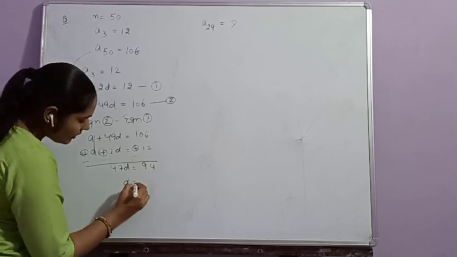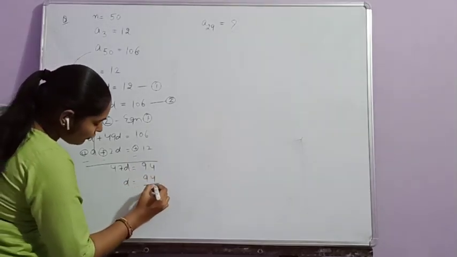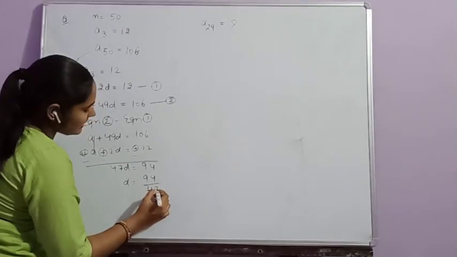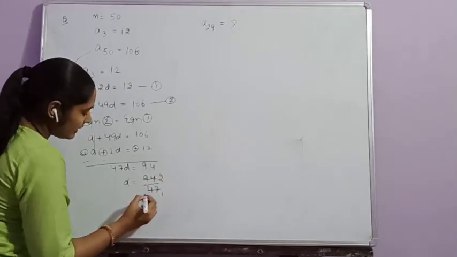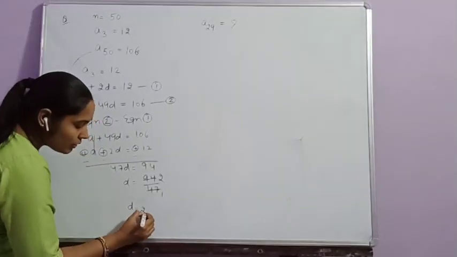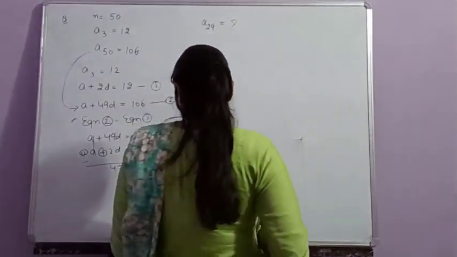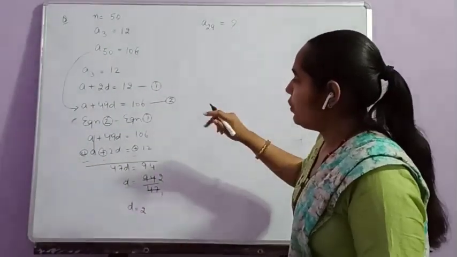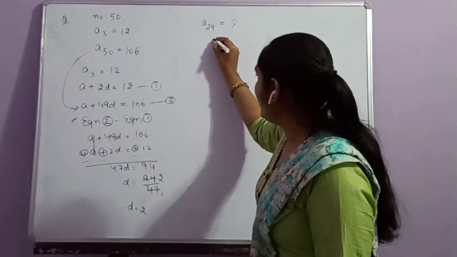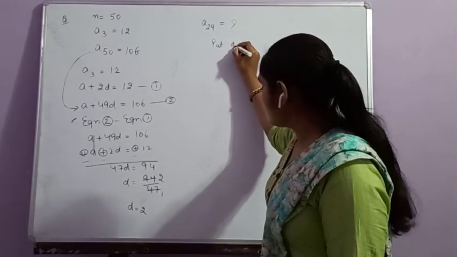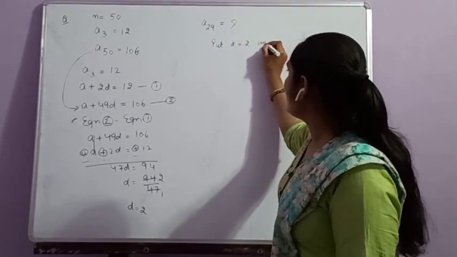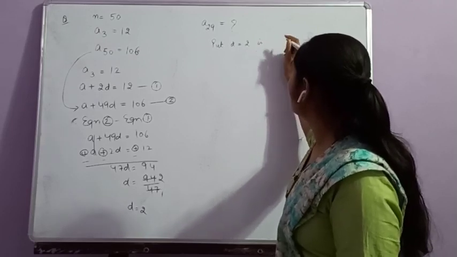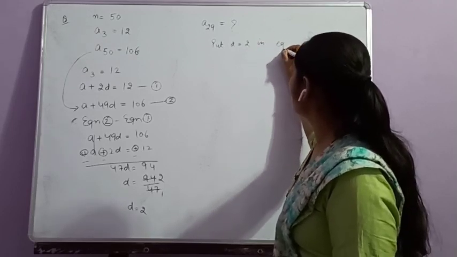D is equal to 94 divided by 47. 47 2s are 94. So the value of D is equal to 2. By putting the value of D in equation 1, we can find out the value of A. Put D is equal to 2 in equation 1.